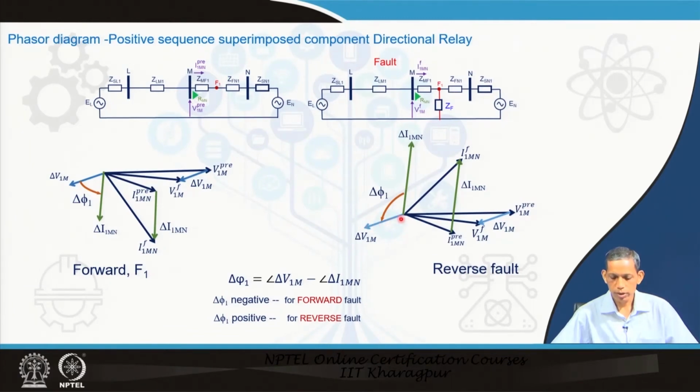You see now the current is lagging, but we are taking delta phi 1 as the angle of delta V1 minus the angle of delta I1. So, the conclusion is that delta phi 1 is positive for a reverse fault. For a forward fault delta phi 1 is negative, and for a reverse fault it is positive, similar to the sequence component or phase quantity based approach.